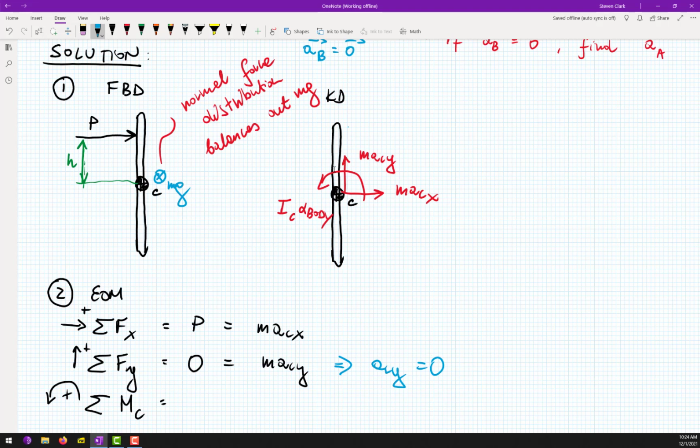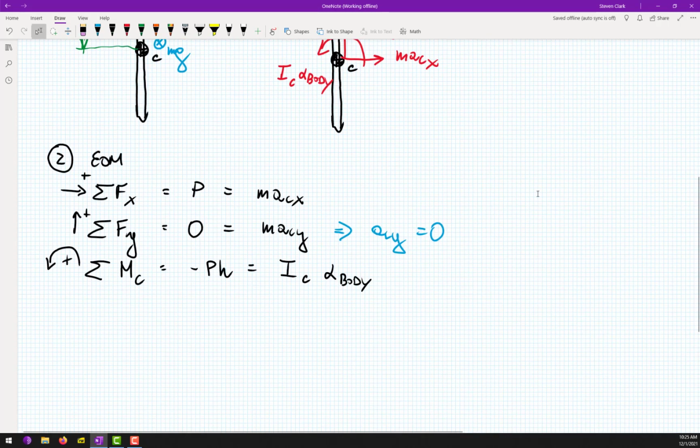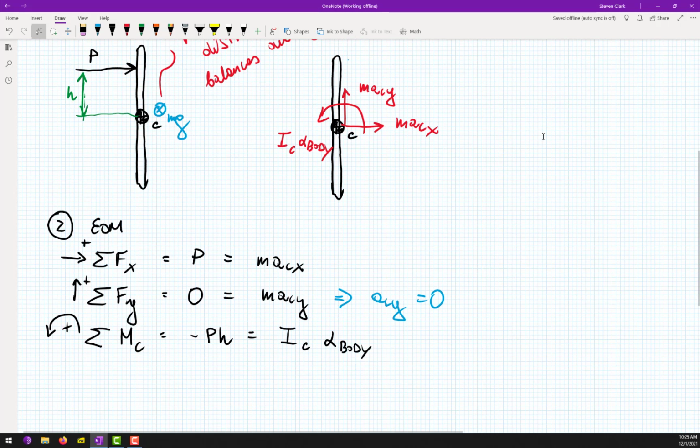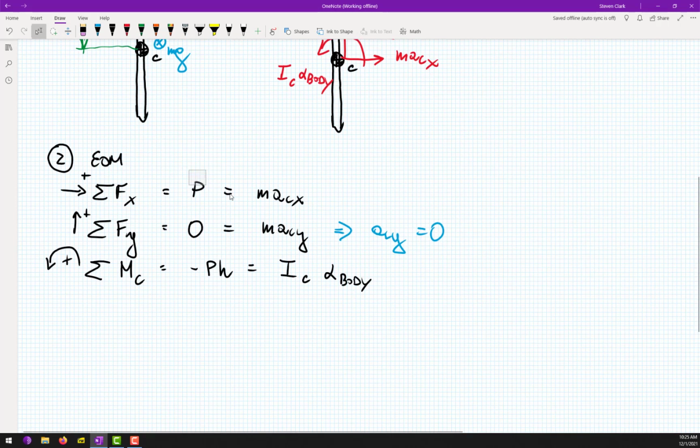And now, how about moments? So P rotates in a negative fashion, yes? So it will be minus P h equal to I_C alpha body. Okay, we're done with our equations of motion. So let's see how many equations we have. For sure 2.